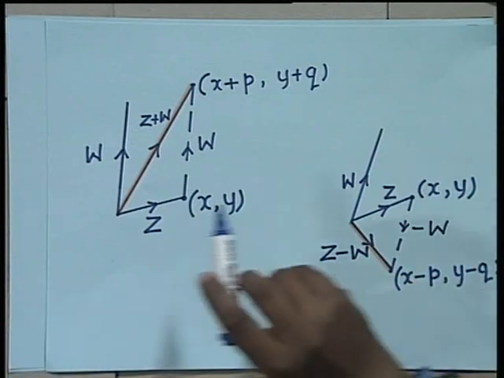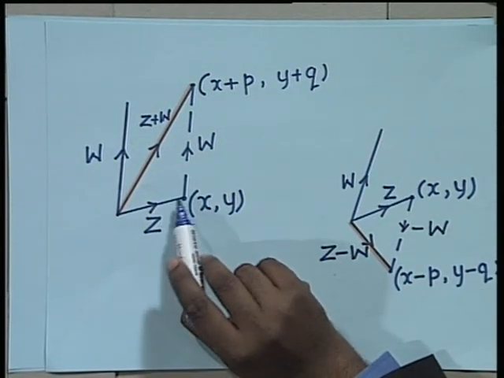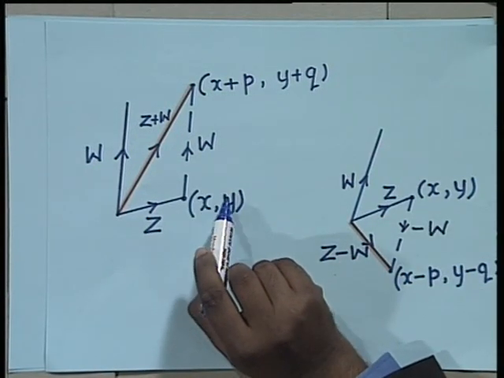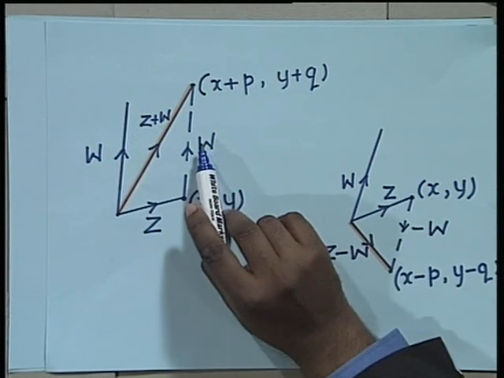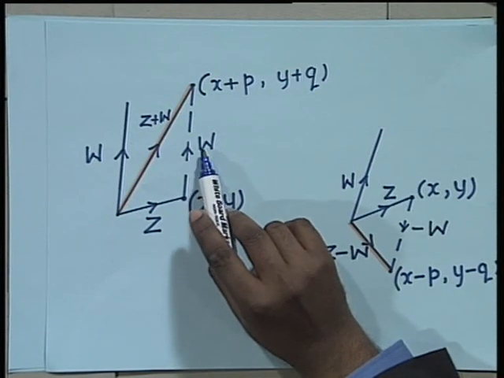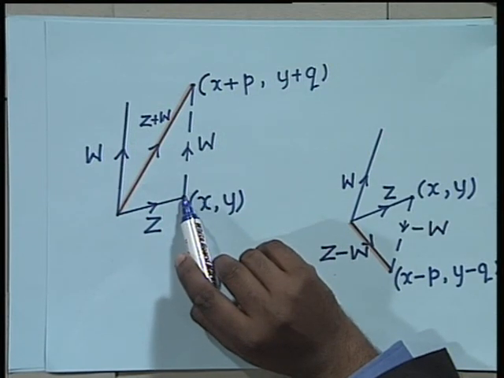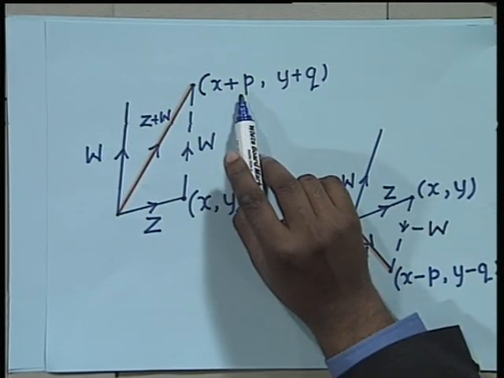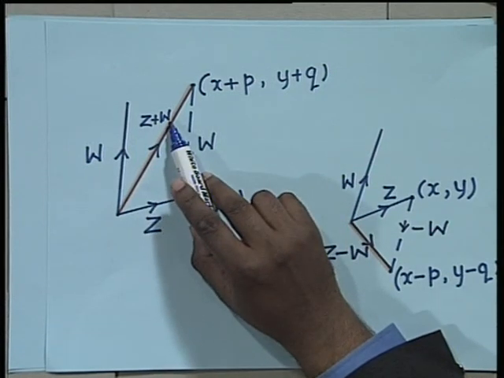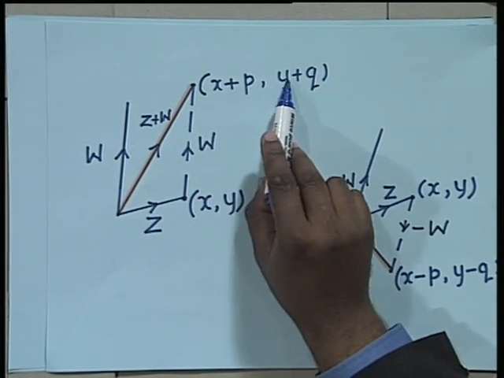Let's see it clearer on this diagram. This is z, the complex number x plus iy, and w was the complex number p plus iq. Adding w to z is equivalent to translating z, so that z plus w becomes x plus p, y plus q.